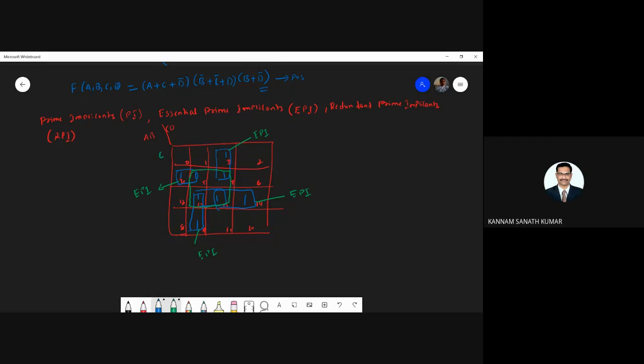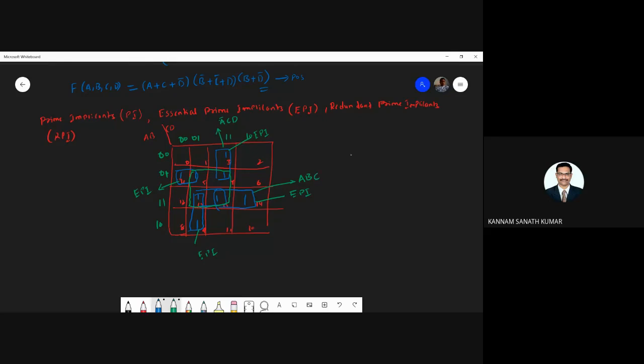So you can draw 0 0 0 1, 1 0 1 1, 0 0 0 1, 1 0 1 1. So if you write the essential prime implicant, what are you getting? Which one is common? A bar is common, A bar CD you are getting. And this one is AB, so directly I'm writing ABC.